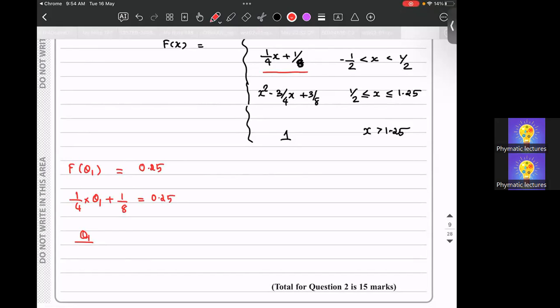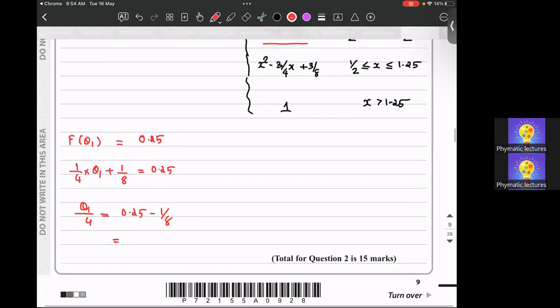So Q1 by 4 is equal to 0.25 minus 1 by 8. That implies Q1 is 0.25 minus 1 by 8 into 4. Yes, we got that value. What is the value of Q1? Q1 we obtained as 0.5.